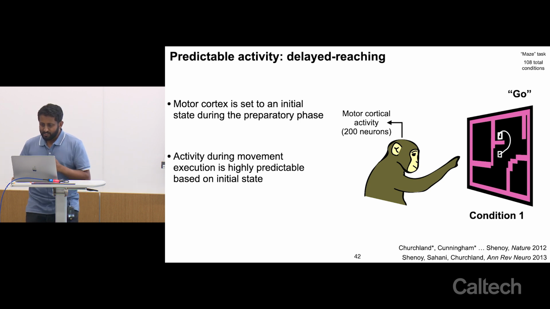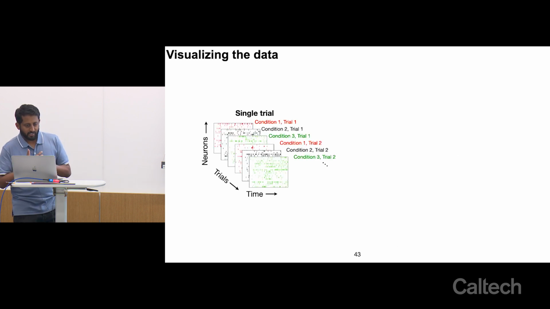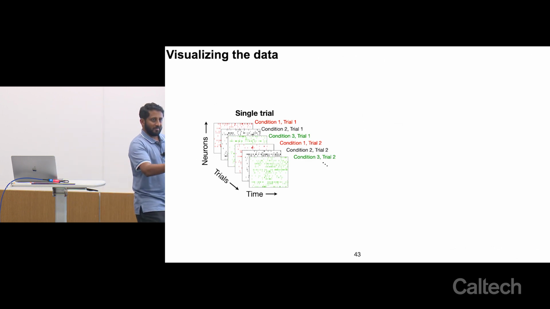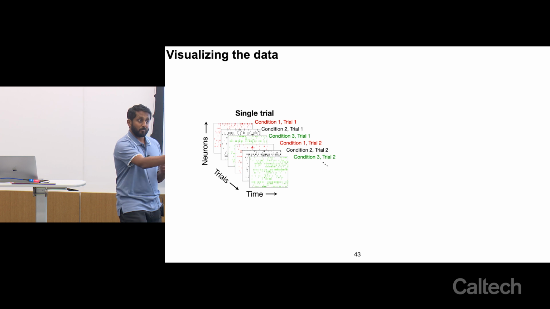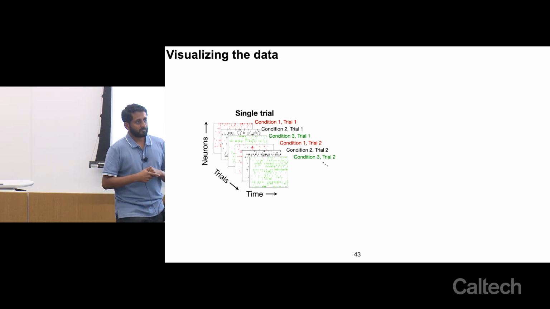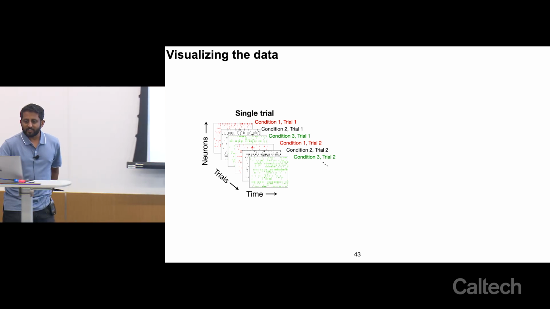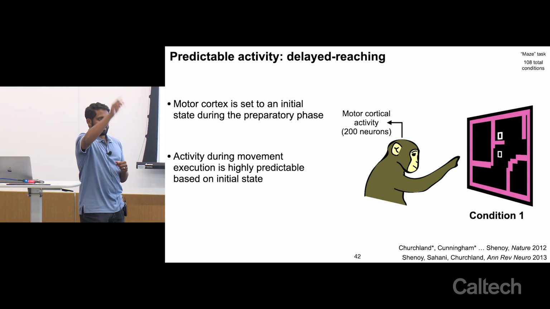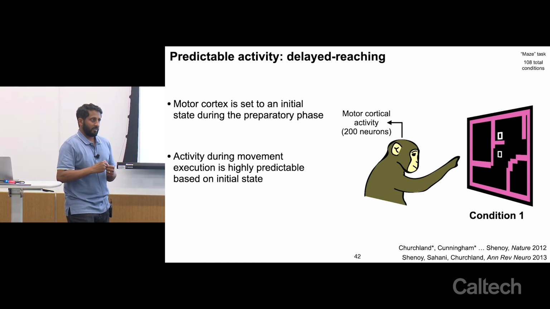Okay, and then to give you a sense of what the data look like. Oh, please, yeah. Why was it called delayed? Delayed, so a lot of times in these types of tasks, as soon as the target pops up, the monkey will immediately reach, right? So there's no delay period there.